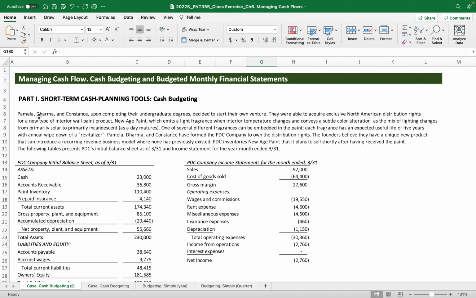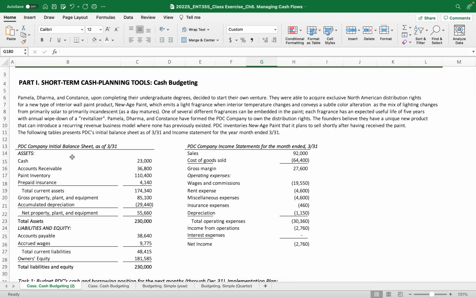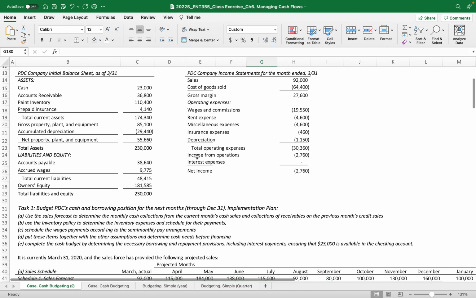So I hope you read the description of the new venture, the PDC company. And then the PDC company's initial balance sheet as of March 31st, they have already started the business. And then for the month ended March 31st, the income statement.